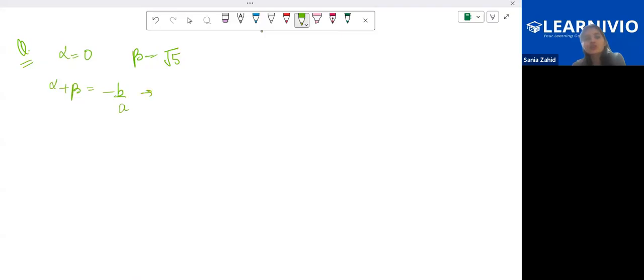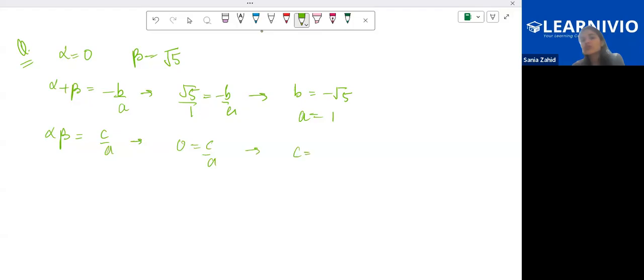So root 5 by 1 is equal to negative b by a. So from here we get to know b is negative root 5 and a is 1. Now alpha into beta should be equal to c by a. That means 0 is equal to c by a. Thus, c is 0.